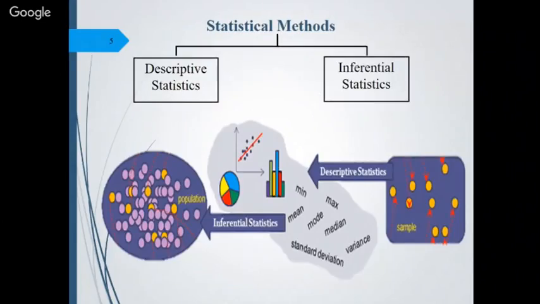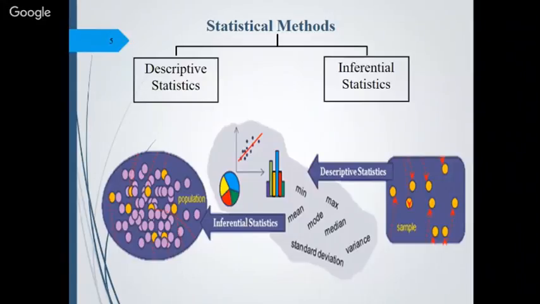Statistical methods are divided into two parts: descriptive statistics and inferential statistics. In this session, we will discuss descriptive statistics. In the picture, the round shape shows the entire population and the square shows the sample, which always comes from the population.